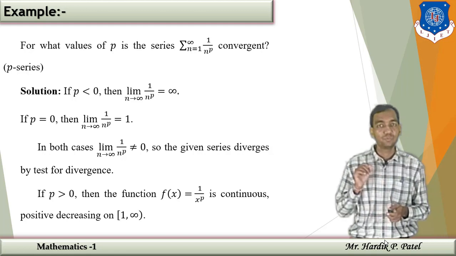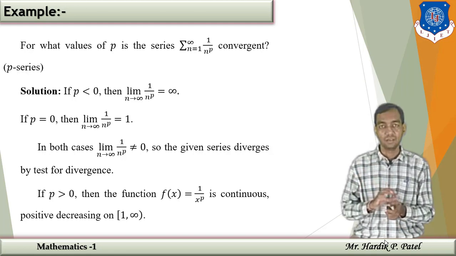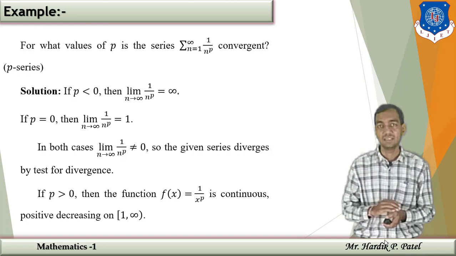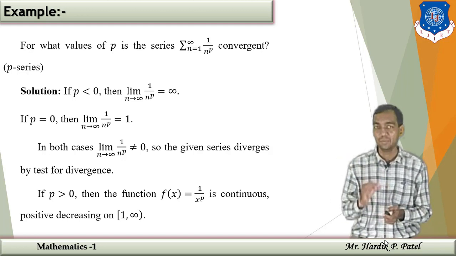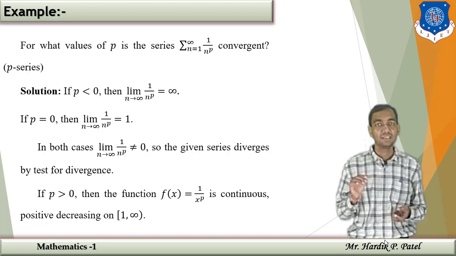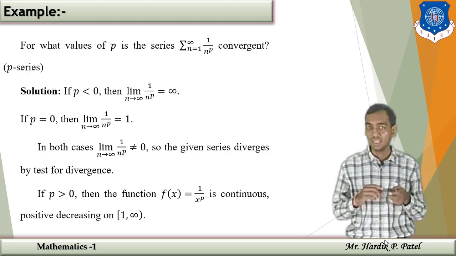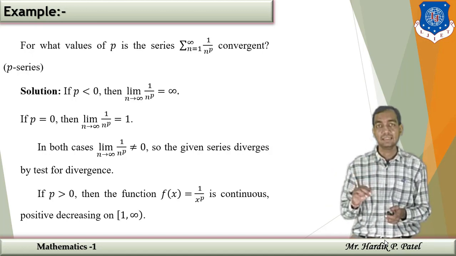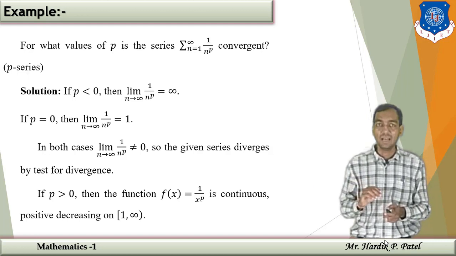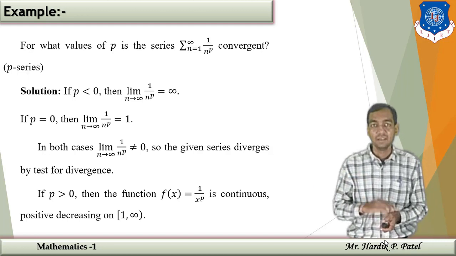In the same manner, suppose P is 0, then 1 upon n raised to P will be 1, and if you apply the limit n tends to infinity, it has a value 1. So in both cases, that means P is negative or P is 0, the series is going to be divergent by the test of divergence.